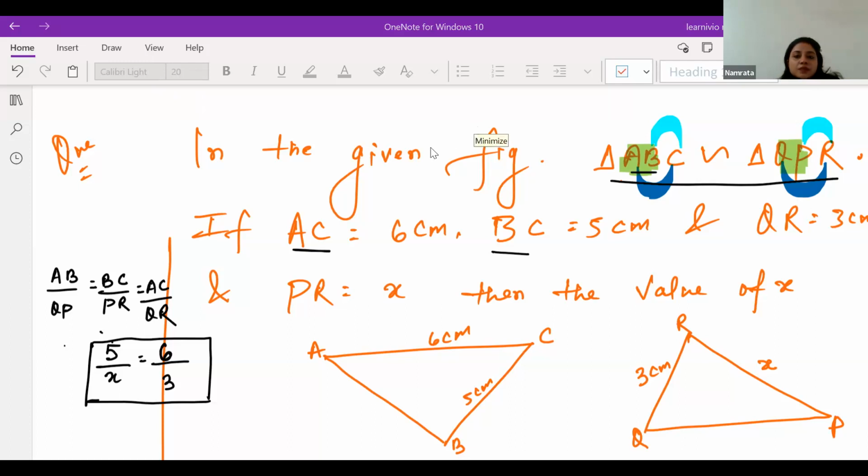Rest of the students, first tell me, then we will talk about the right answer. 2.5, they are saying that is the correct option. 2.5. Okay. So two students have got 2.5. Rest of the students, please let me know what you are getting.